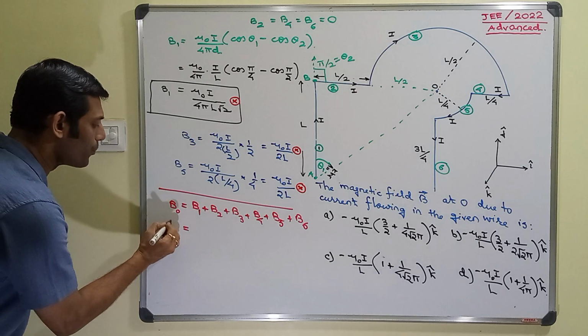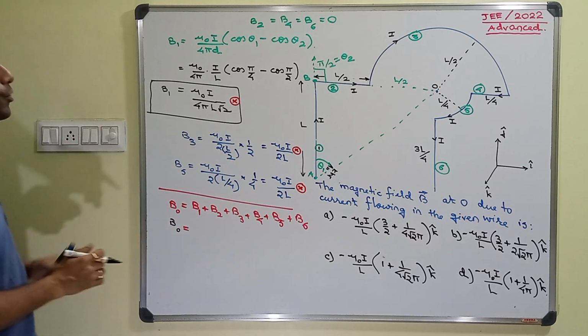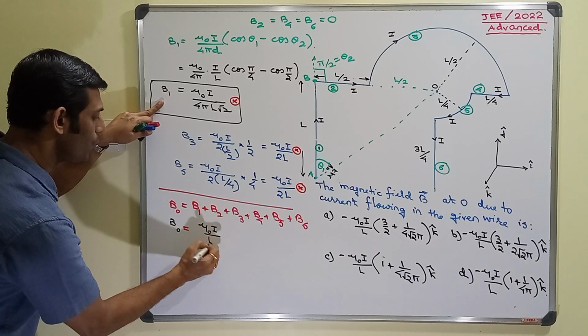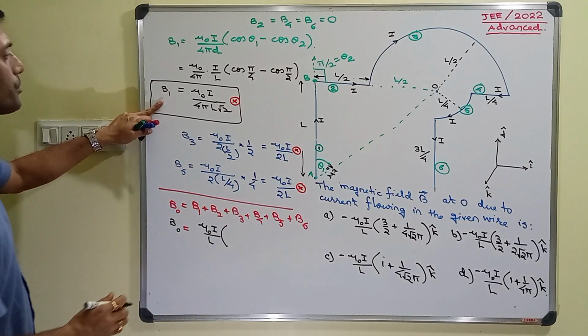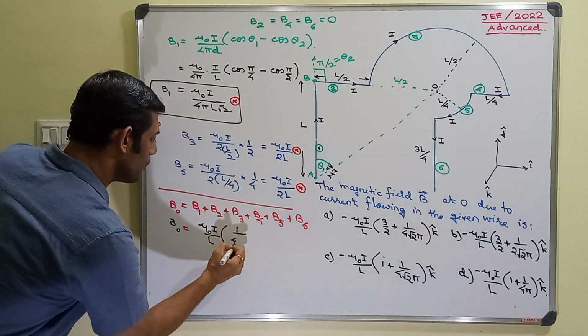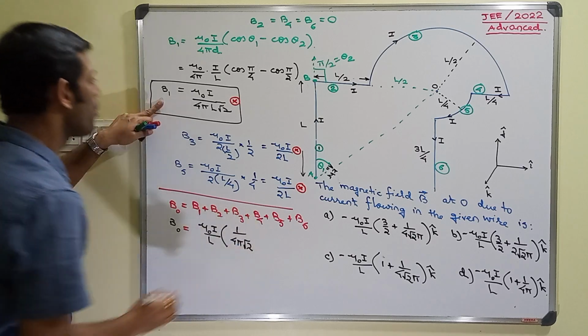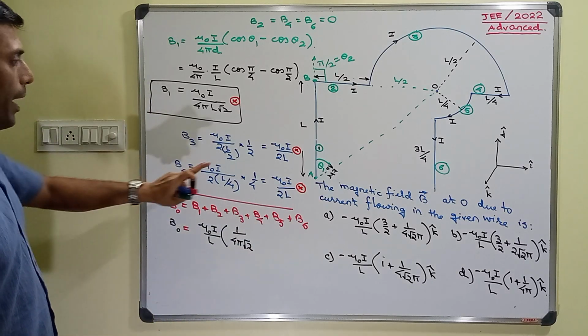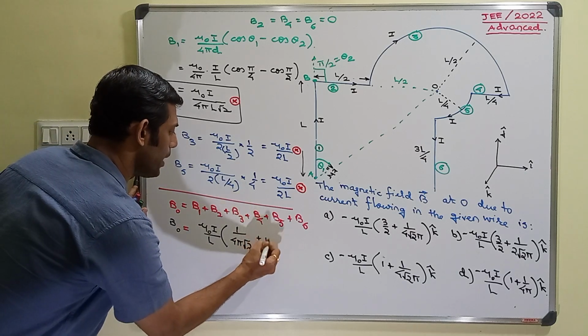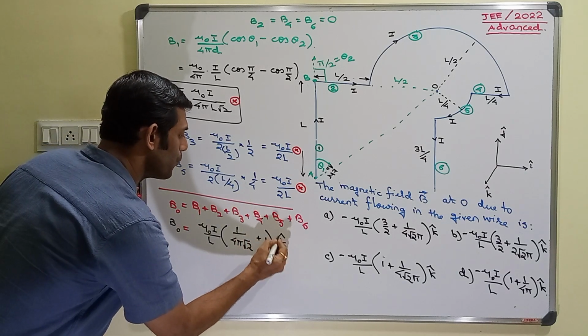The value of the magnetic field at O would be equal to mu naught I by L, 1 by 4 pi root 2, and mu naught I by L in total, that means a plus 1 and a k cap with a minus sign.